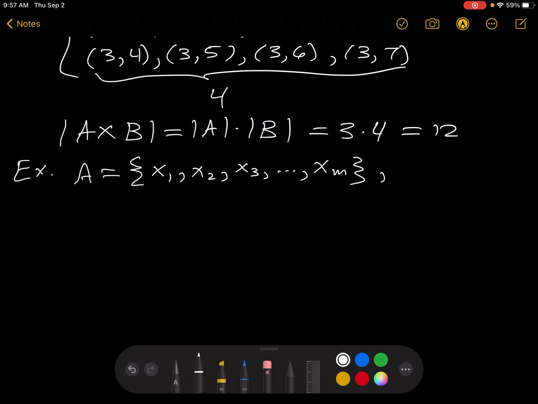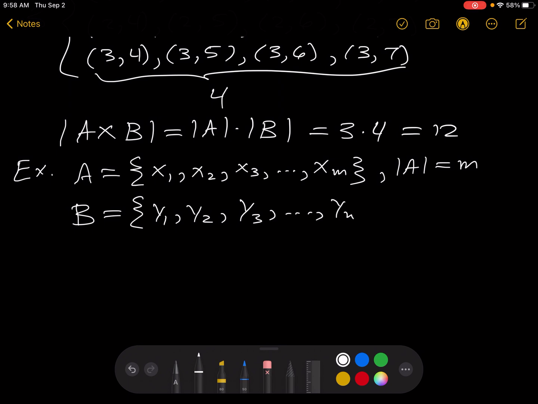So here notice that the cardinality of A is m. And we could say B is y1, y2, y3, all the way up to yn. So the cardinality of B is n.